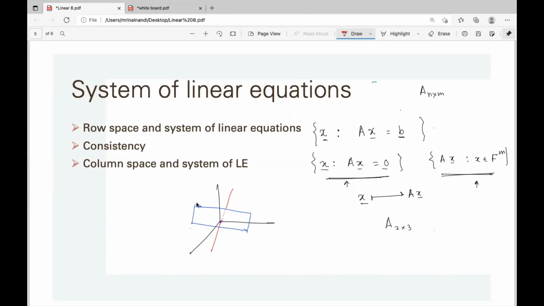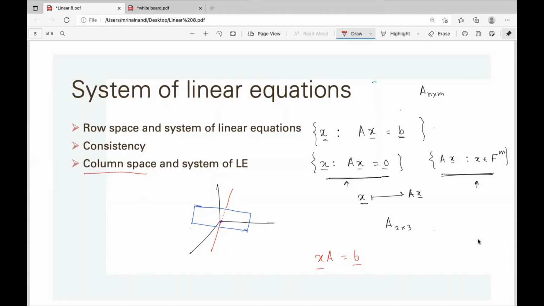So this is the column space with the system of linear equations. Can we do the same thing with the row space? Yes, but in that case we have to write the system of linear equations in the other way. But generally we write the system of linear equations in this way. That's why the system of linear equations is connected with the column space. There is a very interesting thing.